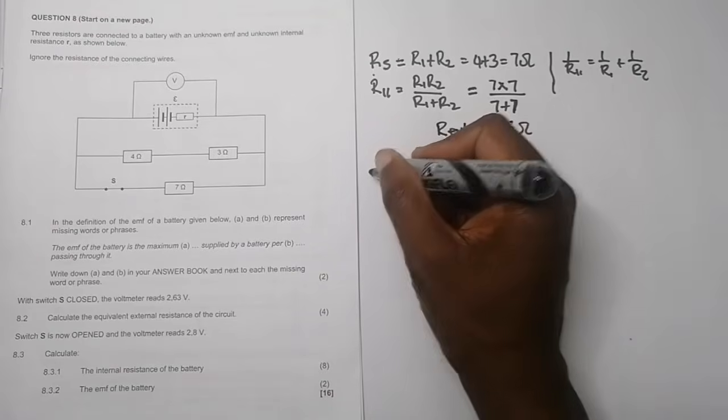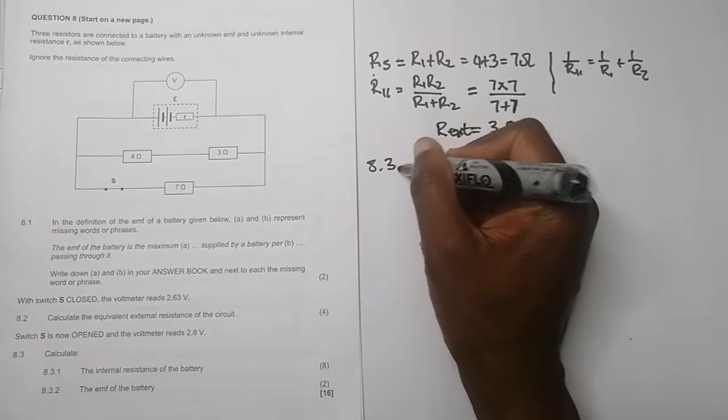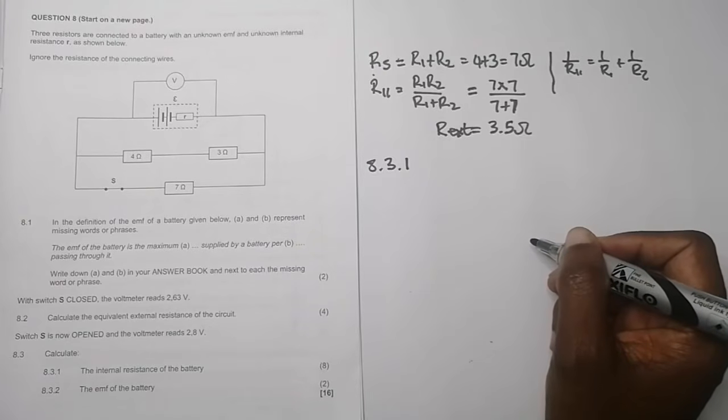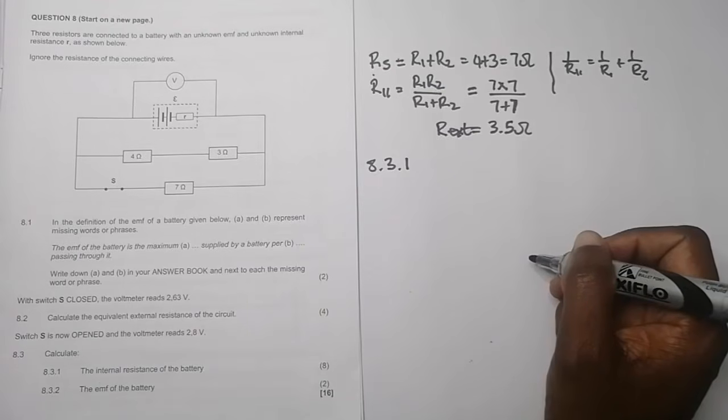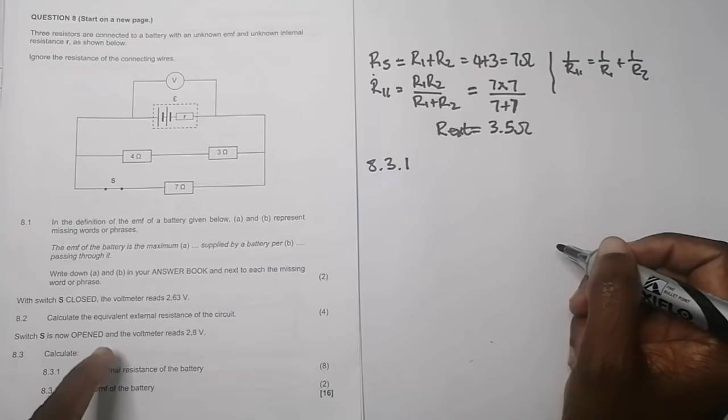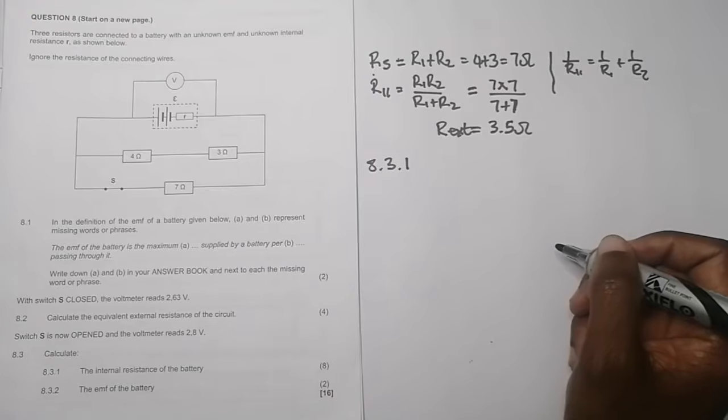Right, the next question, they say we should now calculate the internal resistance of the battery. Oh, and by the way, I skipped another part again. They say switch S is now opened and the voltmeter now reads 2.8 volts.